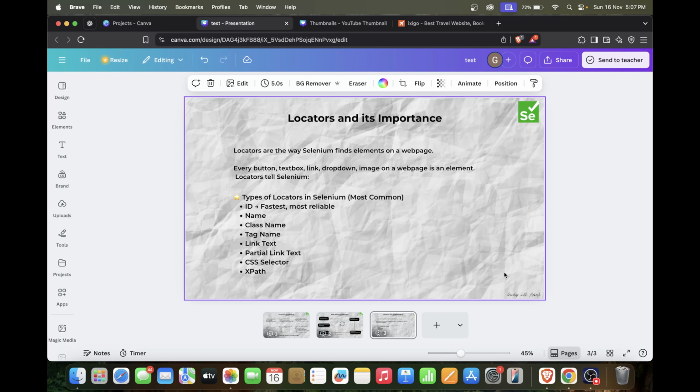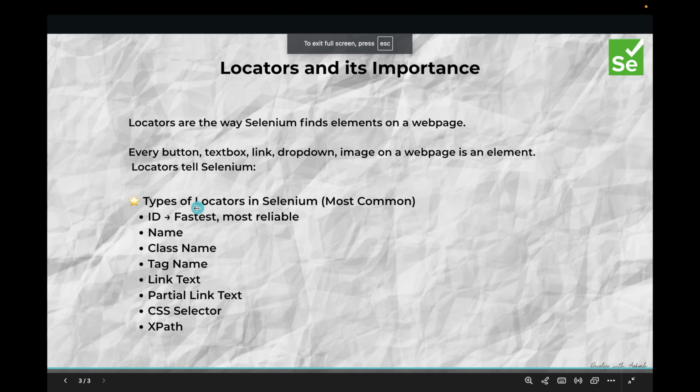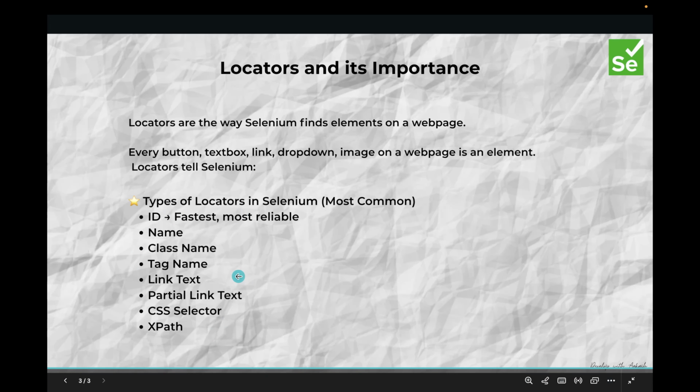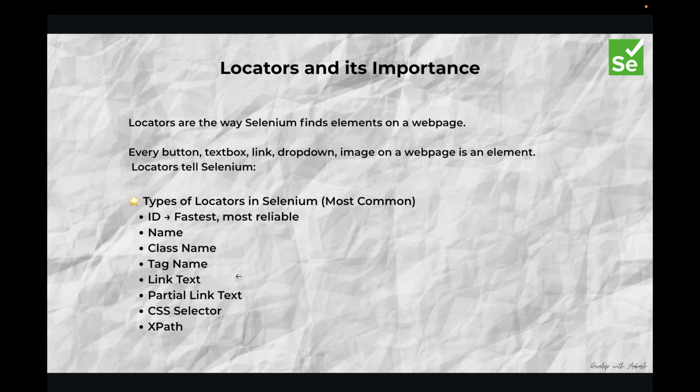You can find it with the help of a name also, a tag name also, link text also, either partial link text, or you can find the button with the help of CSS selectors. So these are all the ways you find an element in a DOM.